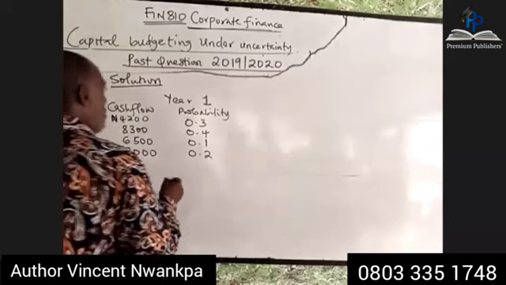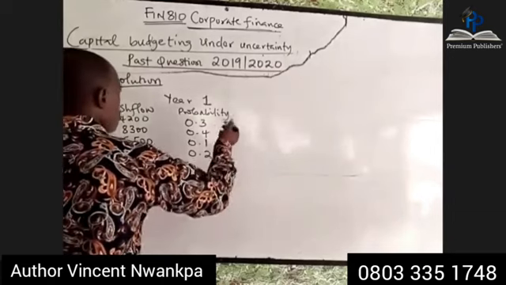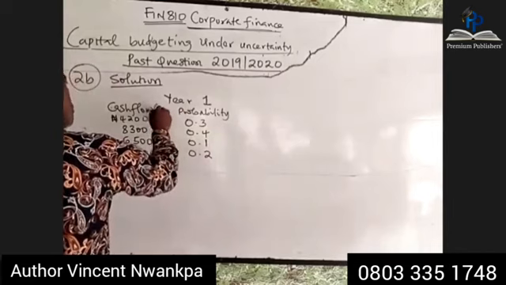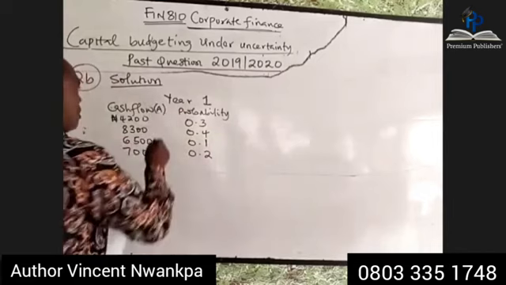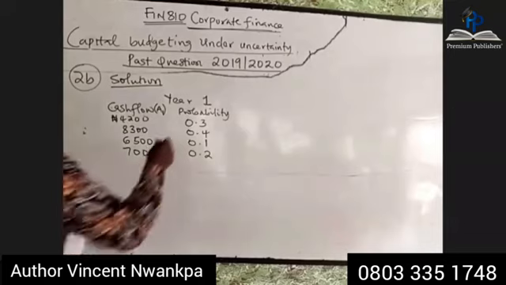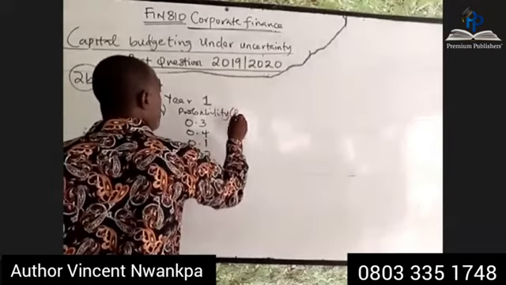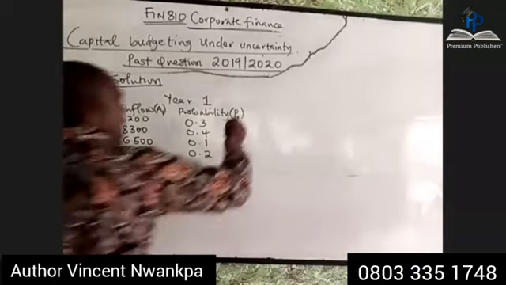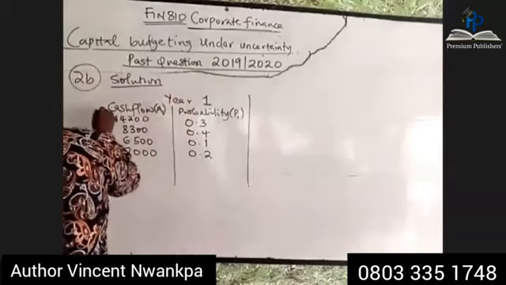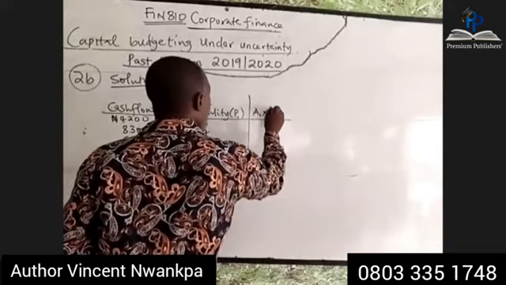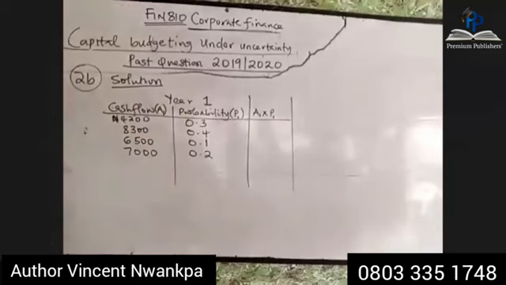Maybe we'll try and give this one a name, A1. That is the cash flow in year 1. And the probability in year 1 is P1. So that we can take our time and run something here: A1 times P1.